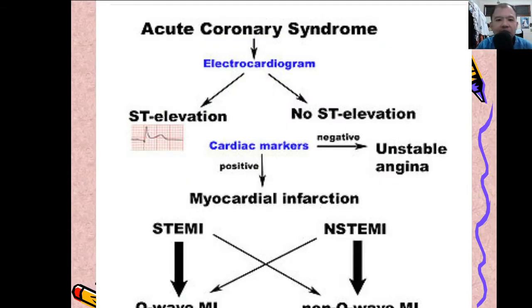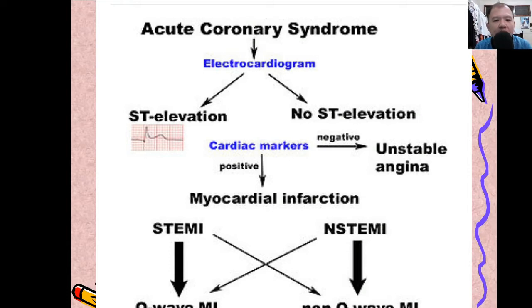Acute coronary syndrome can be assessed through electrocardiogram, where we are looking at whether there is an ST elevation or a non-ST elevation. Aside from that, we also use biochemical markers, or what we call cardiac markers.